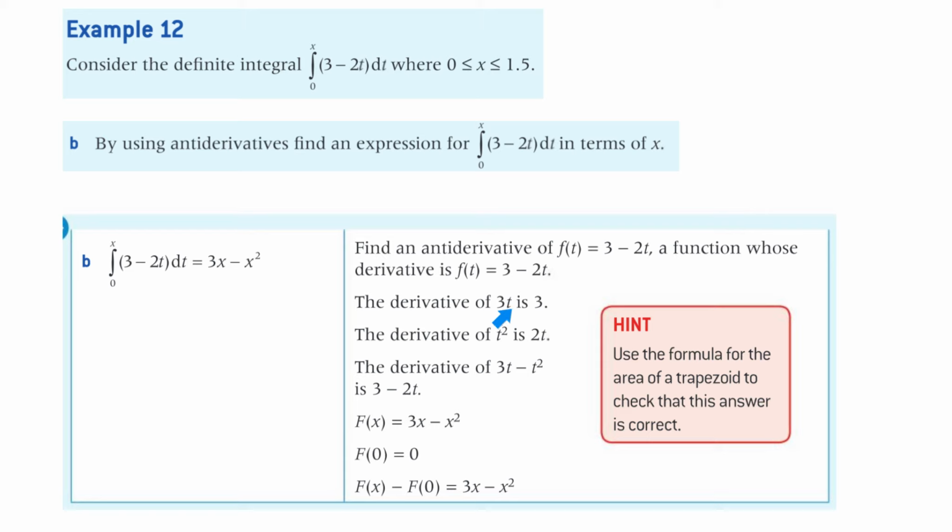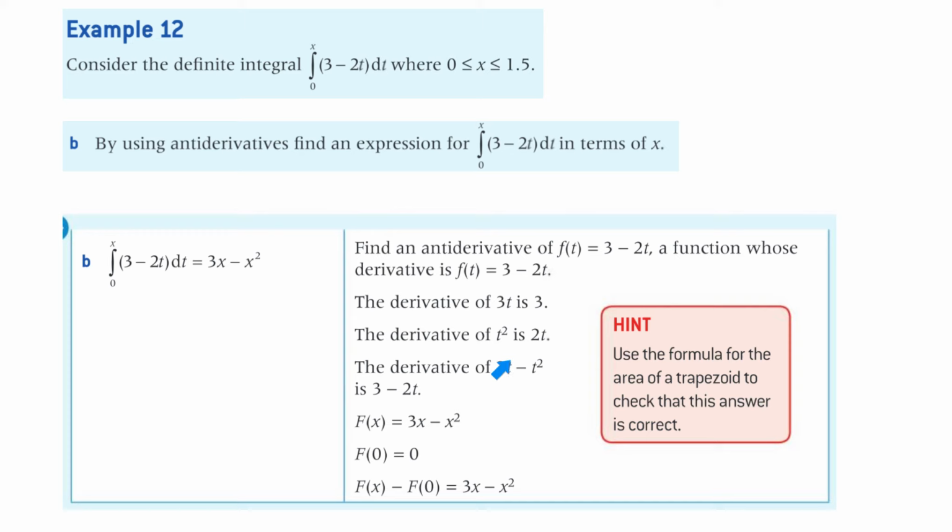The derivative of 3t is 3, right? So it must have a 3t in it because the derivative of 3t is 3, and there's our 3. The derivative of t squared is 2t, and we have a 2t. So it looks like the function that this would be a derivative of is 3t minus t squared. Because the derivative of 3t minus t squared, from what we know about derivatives, remember, there's a 1 there, so the 1 comes down the front, and that becomes 3.